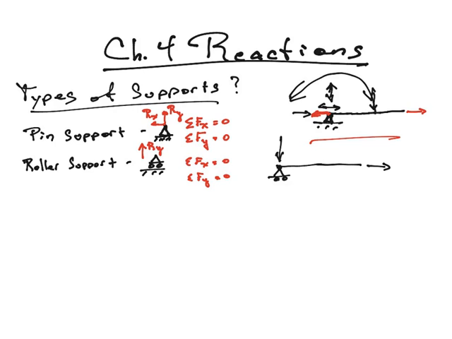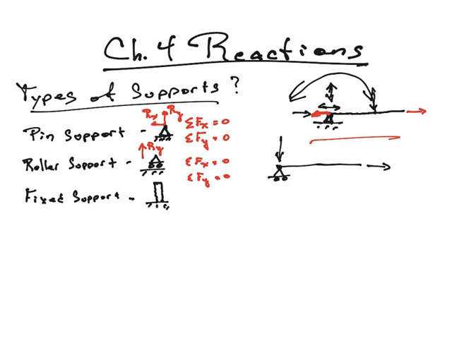Finally, the last support is a fixed support. And a fixed support is generally, your bar is just straight up into the ground. There's no little wheel system, there's no triangle, you're just in the ground.